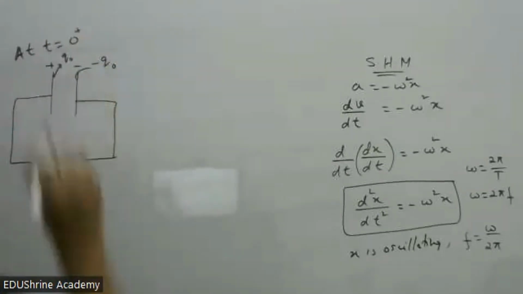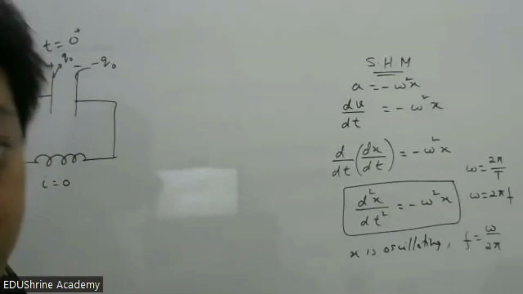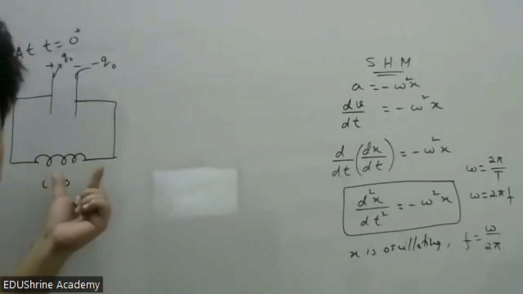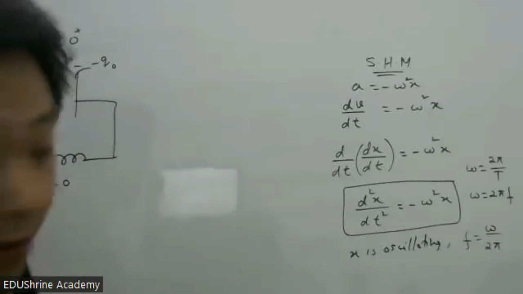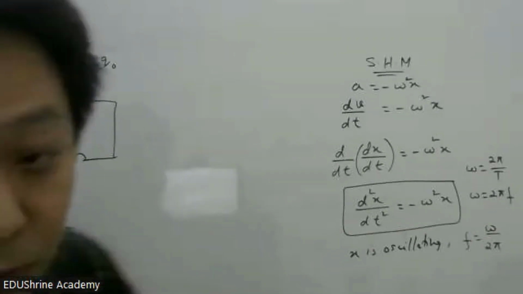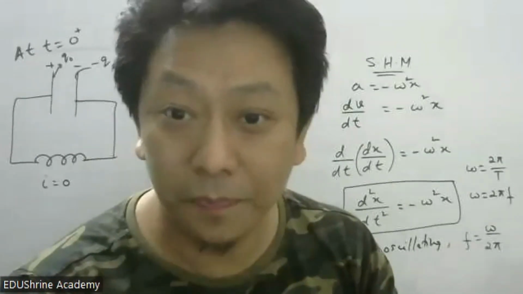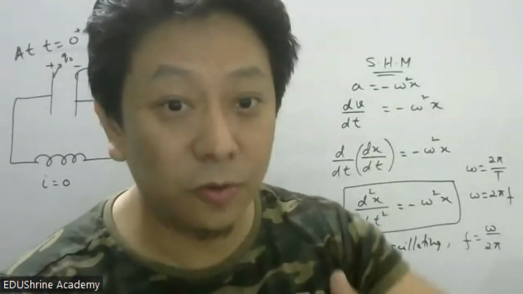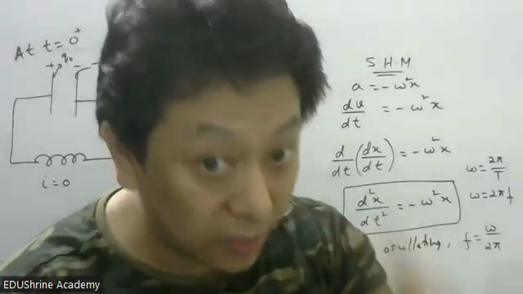This is 0 plus. So just after switching on, charge here is maximum and current is still 0. The reason why current will not immediately start is this is not a resistor. If this was a resistor, current would start immediately. But this is an inductor, and I hope all of you remember inductor opposes change in current. Yes or no? Yes. So inductor's job is to oppose change in current. So inductor will not allow current to change instantly.